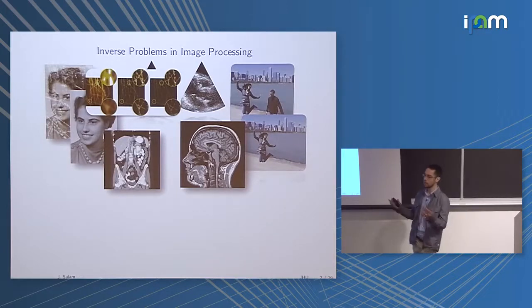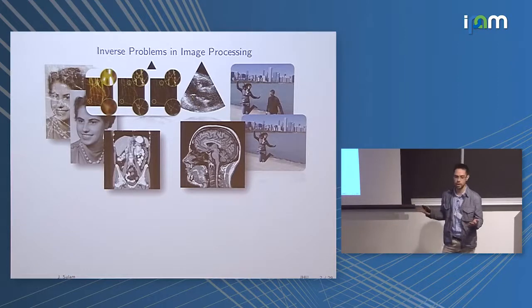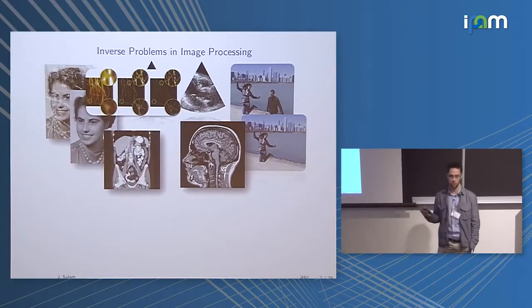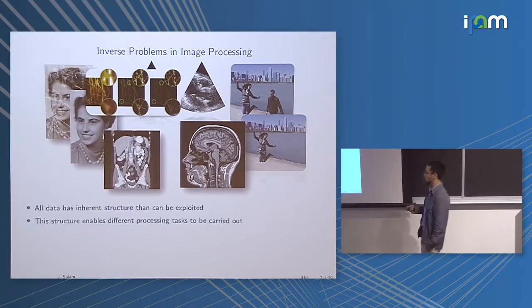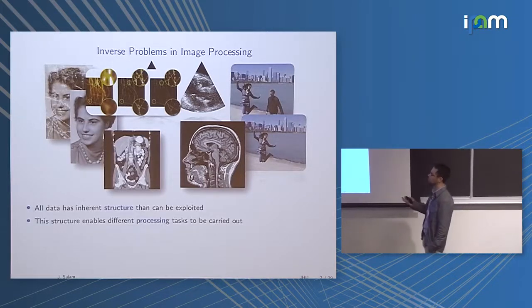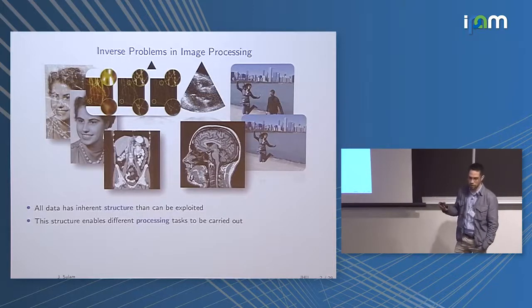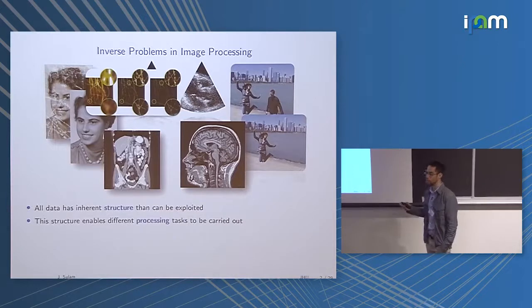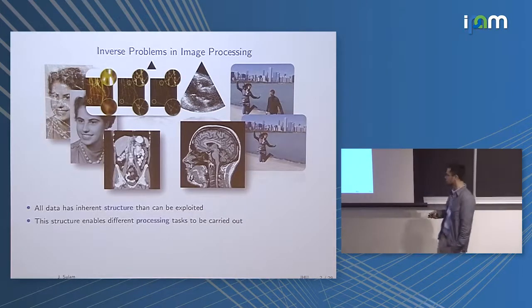Or rather, they have an infinite number of solutions. So how is it that we can actually come up with one that looks as we would expect it to look? And I would argue that it is because all these algorithms recognize and can leverage some sort of intrinsic structure that is present in all these types of information sources and images.